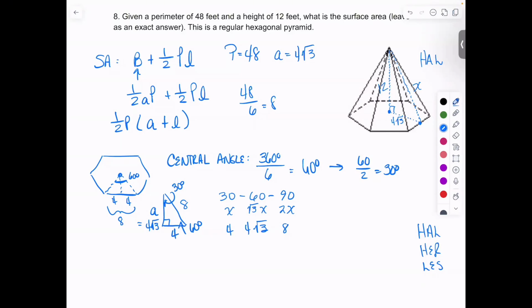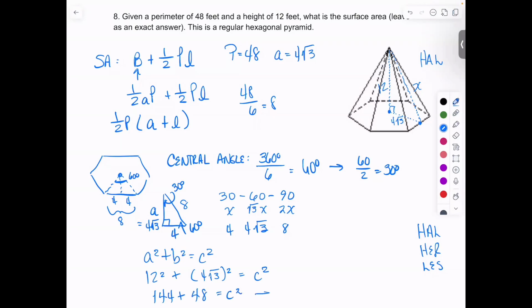All right, so it looks like we have our 2 legs. And so I'll go ahead and square 12 and square 4√3 equals c squared. That would be 144 plus 16 times 3, that's 48.